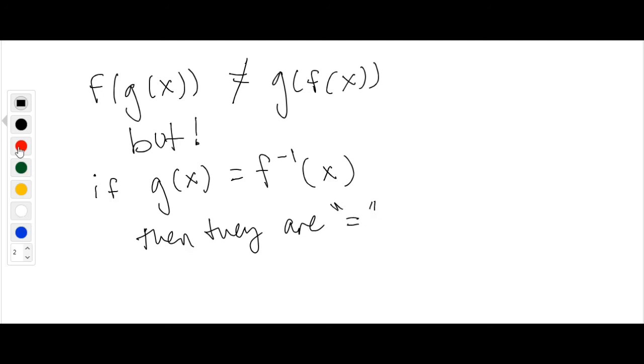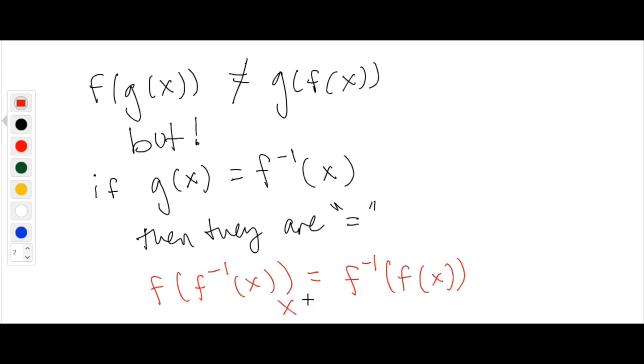Before, we proved this in a previous video I have already posted: when you do f of its inverse, with g in this case being the inverse on the outside, they actually both equal x. So this is very key, and I would suggest everyone write this down, because this is what's principal in composition functions.